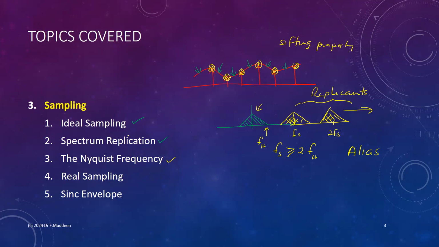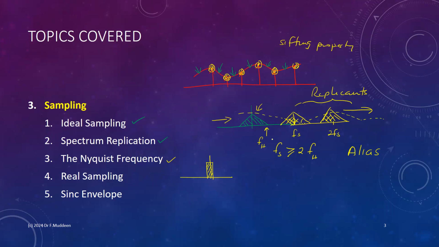After that, now we said, okay, you can't get an ideal sampling because it's impossible to create an impulse. So what we did was then to use a very narrow pulse instead of an impulse. And we saw what that did. If you sample with that now, then on top of the spectrum that you get, real sampling introduces an envelope that has a sinc function shape to it.